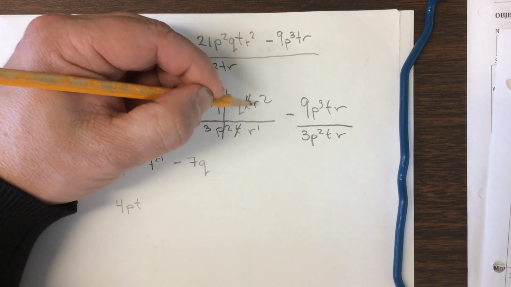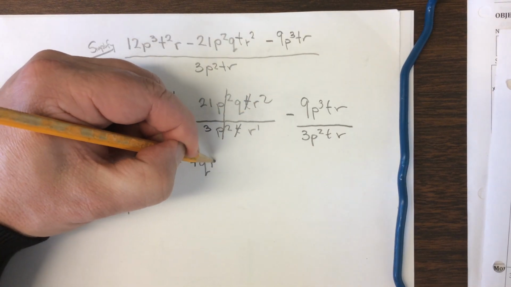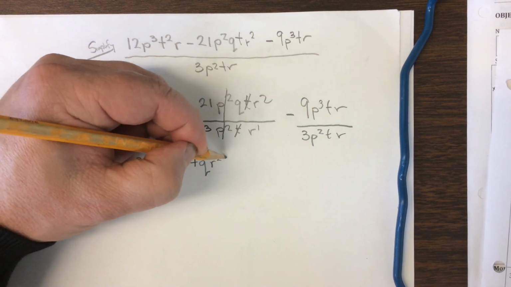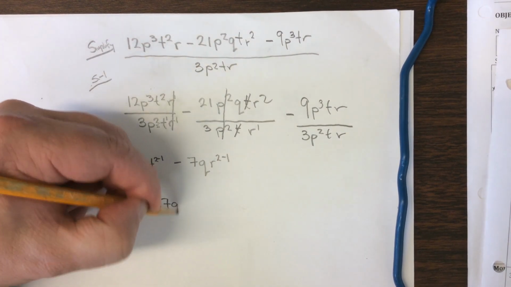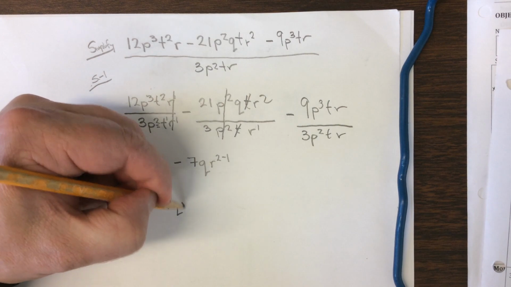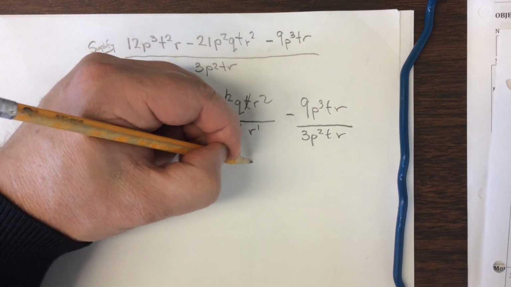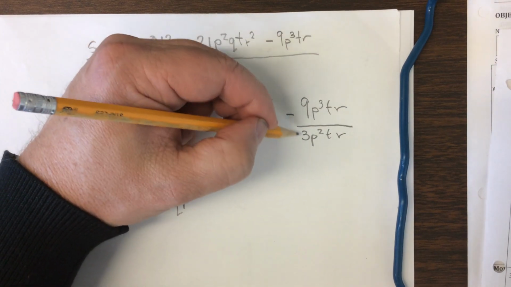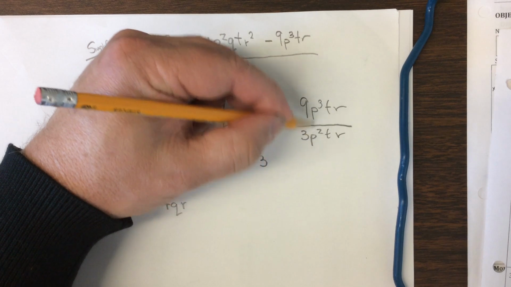Notice that we have an r to the first in the denominator. Since this is the smallest, I'll bring it up, so there'll be r squared take away 1. Simplify this: 7 times q times r to the first, 2 take away 1. I'll bring down the subtraction sign. 9 divided by 3 is 3. We have our p's lined up.